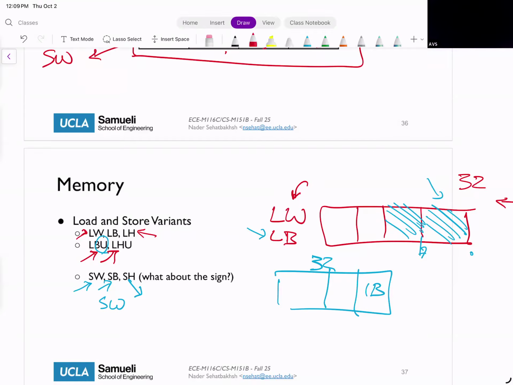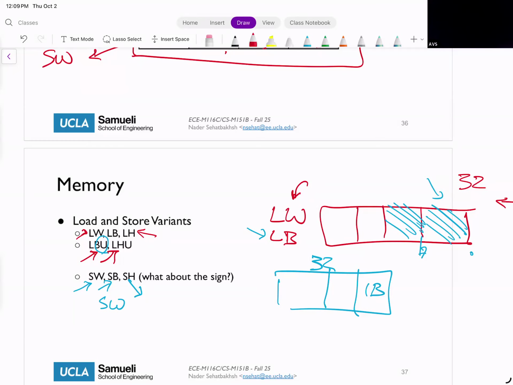The last thing, for load specifically, is that since you are loading a smaller thing into a bigger thing, if I want to load just 1 byte and write it into a 32-bit register, there is the issue of sign extension that I need to deal with. By default, we use sign extension.